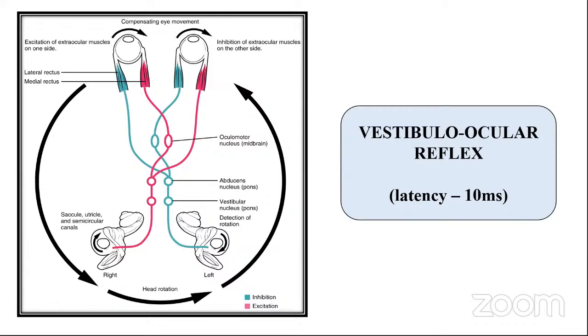If you know about the crossing of the fibers in the optic chiasma, the decussation at the optic chiasma, in the optic tract, what happens?